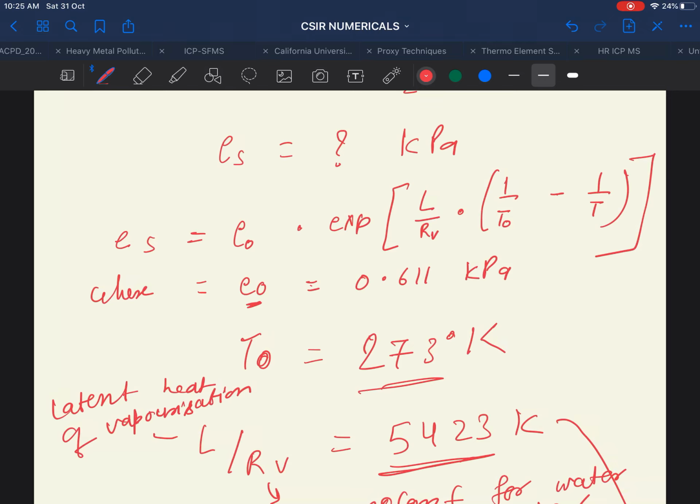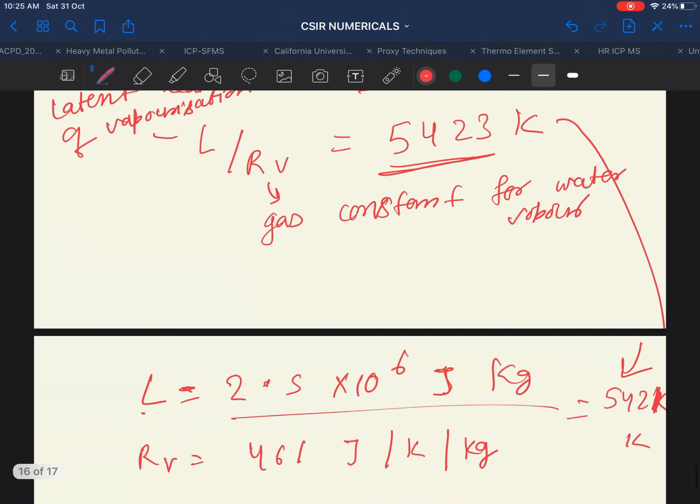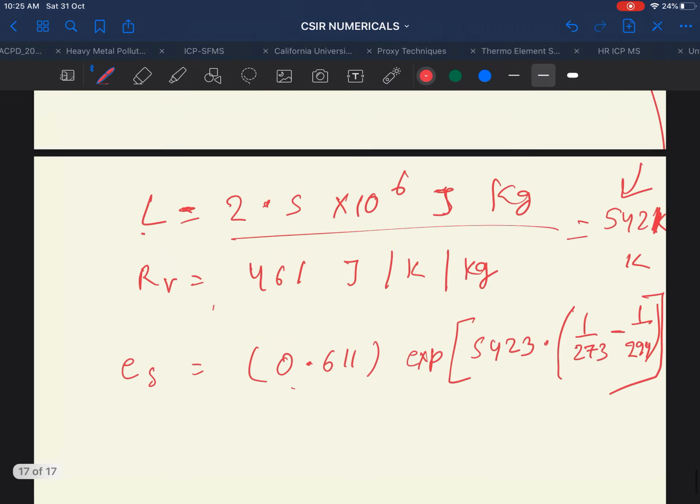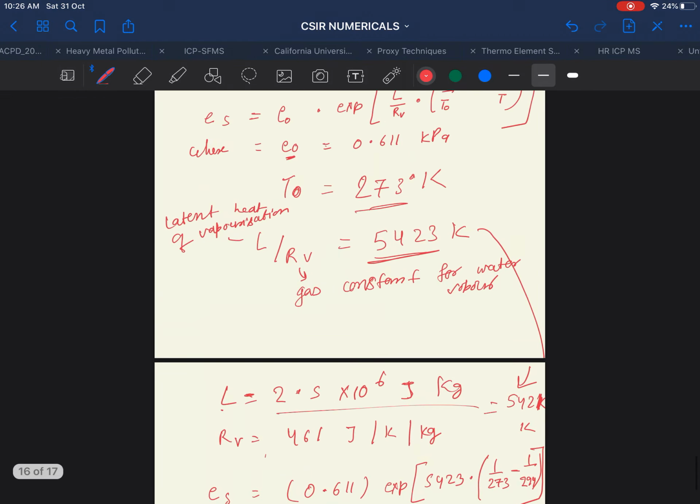E naught is the initial saturation, 0.611, into exponential 5423, which is the value of L by RV, into 1 by T naught. T naught is 273 and this T is given, that is 21 degrees Celsius, and we convert this into Kelvin, so it becomes 294. Okay, let's see again.